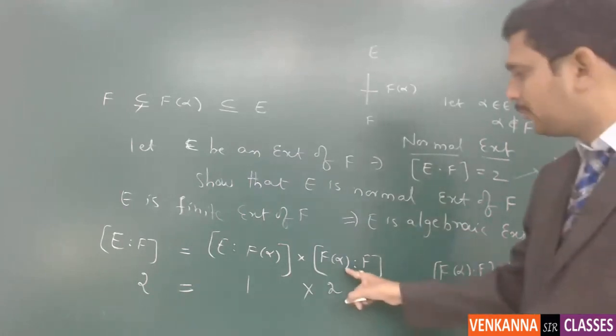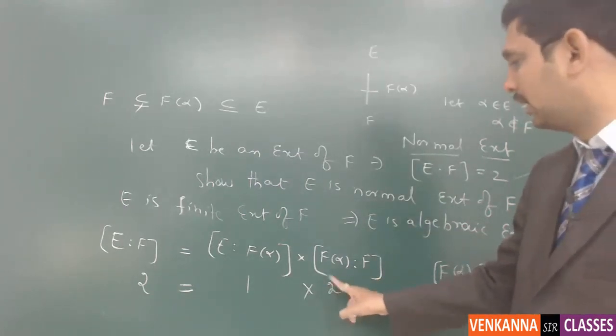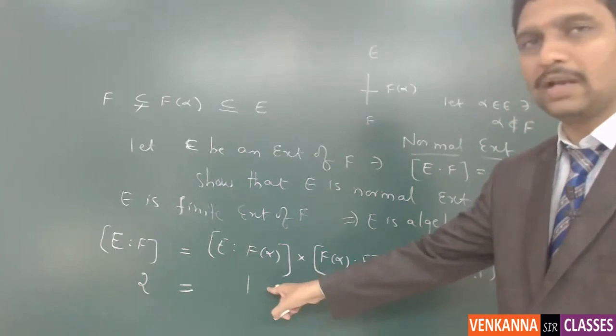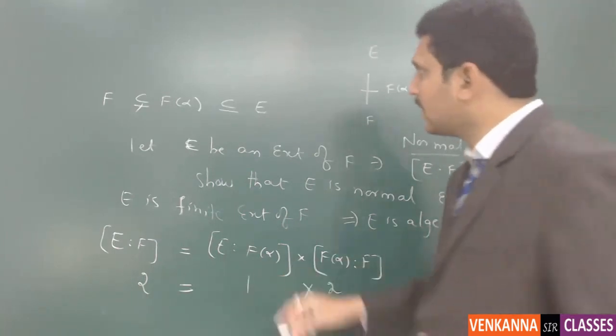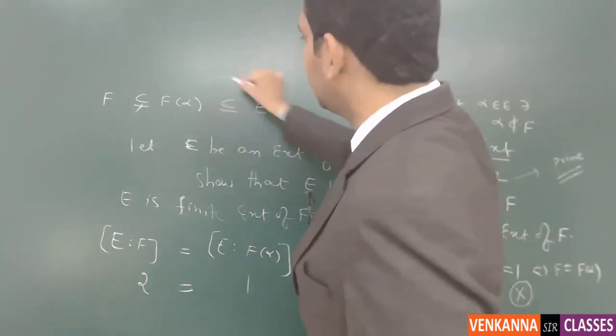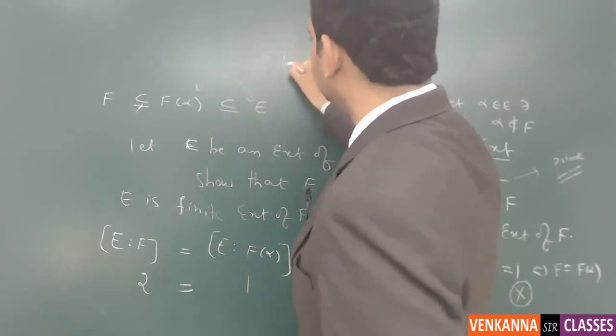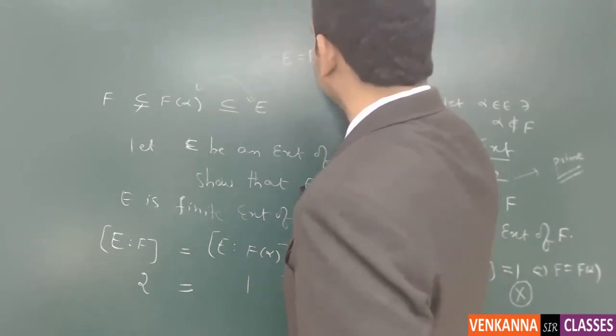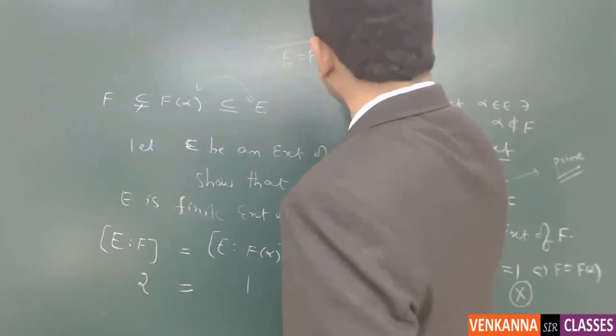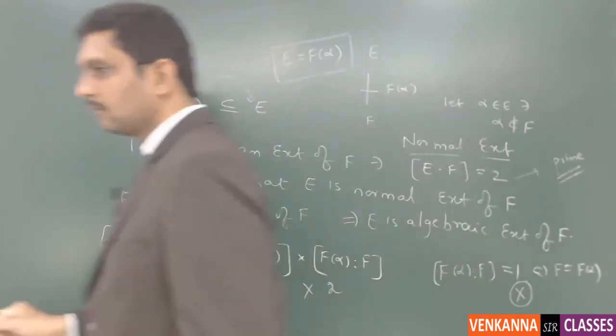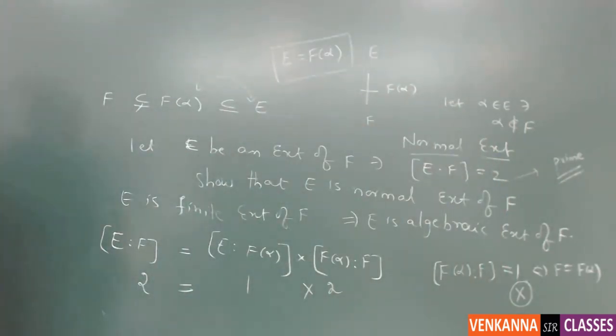So the only possibility for this position is 2 only, and this will be 1. Since this value is 1, immediately these two will become equal. Any questions for anybody so far?